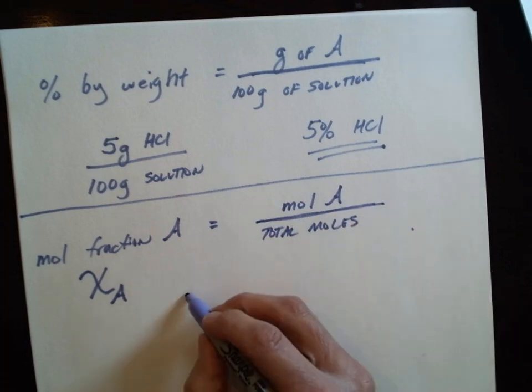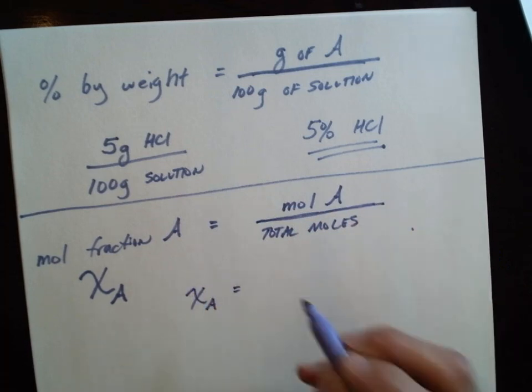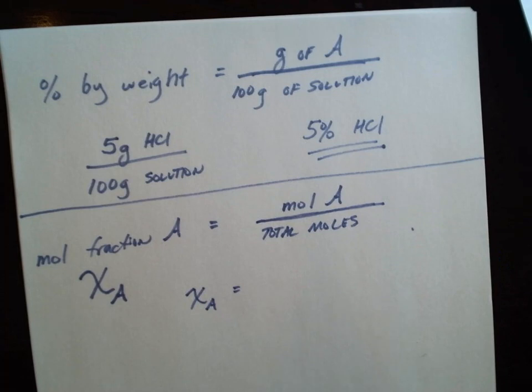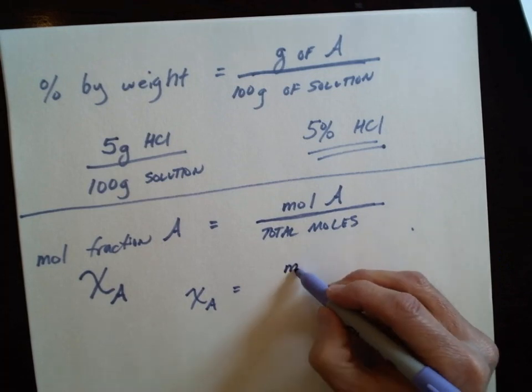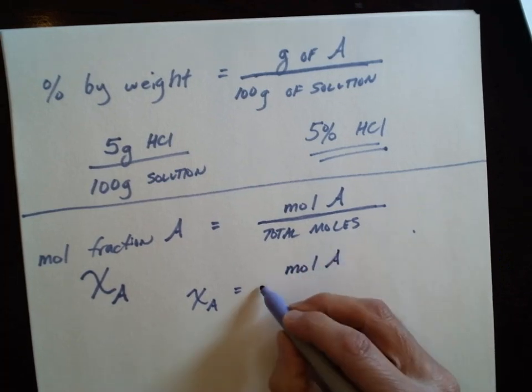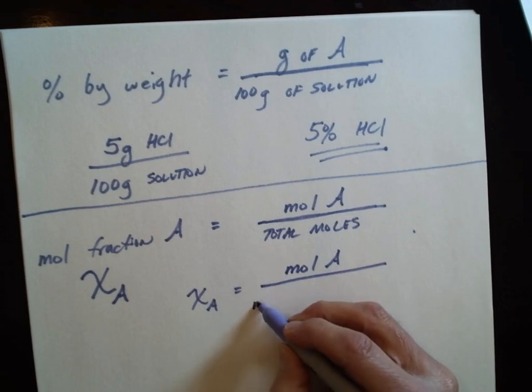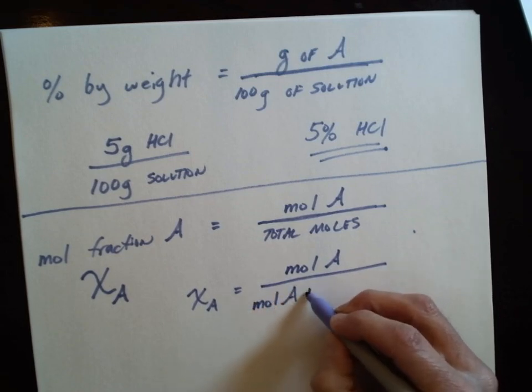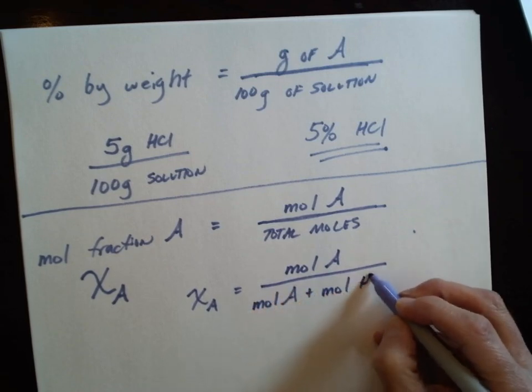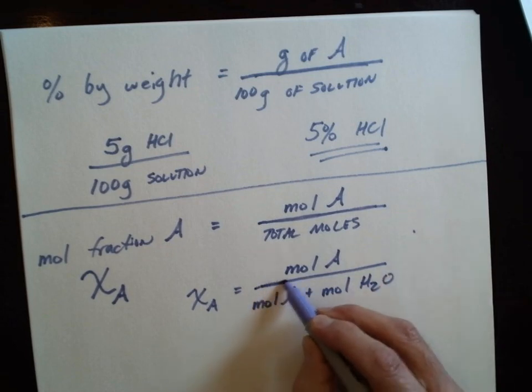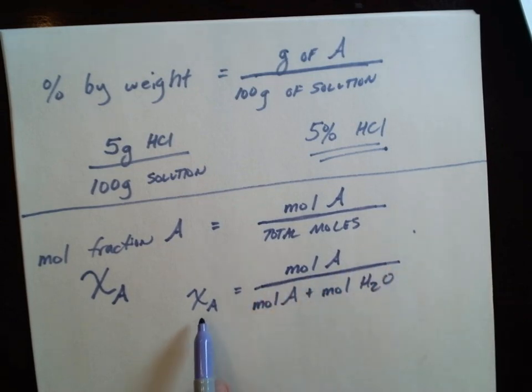Another way that you could write this: let's just say there's just A and water, A dissolved in water. We would write this as the moles of A over the moles of A plus the moles of water. And this can be written as a percent or it can be written as a decimal.